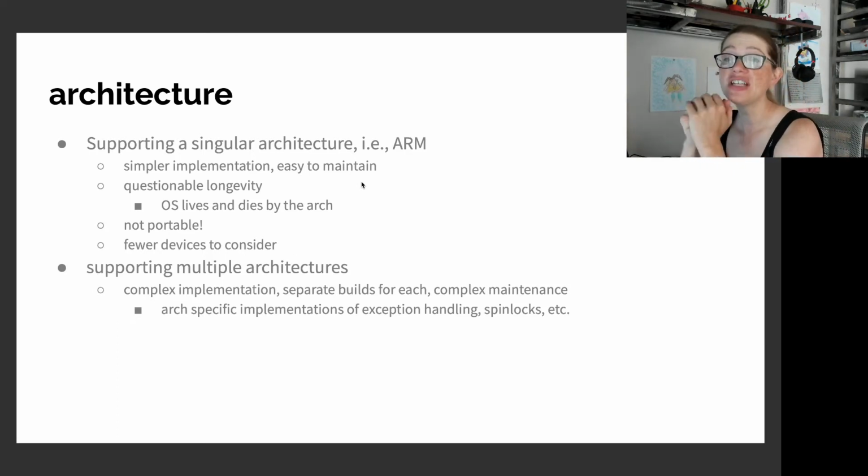And then, if you do decide to go with the singular architecture, there are some other interesting consequences. So the code's going to be simpler because you're not going to have so many preprocessor directives, which makes it easier to maintain. It actually makes the code really easily readable and understandable.